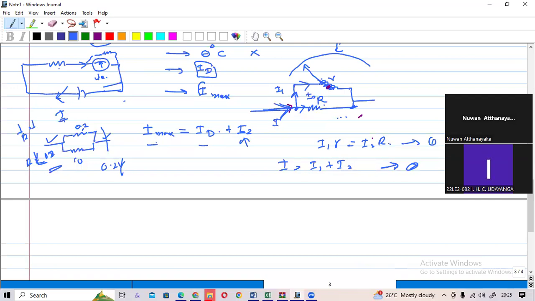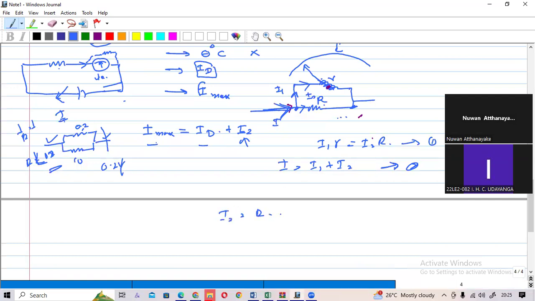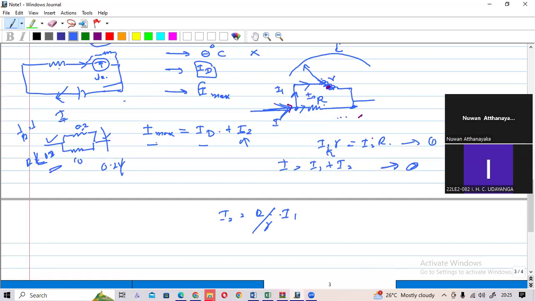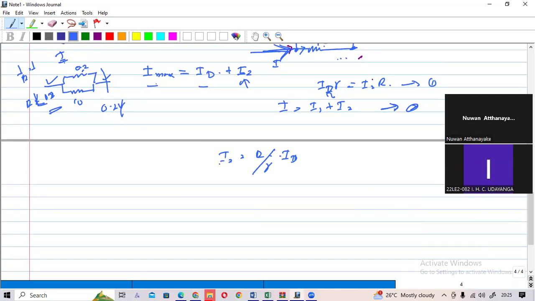From this equation, you can get I2 that is equal to small r divided by R times I1. So now this I1 is actually ID, because we are considering maximum current. So it is equal to ID. So here also it is ID. So now you can write Imax is equal to ID plus r divided by R times ID.